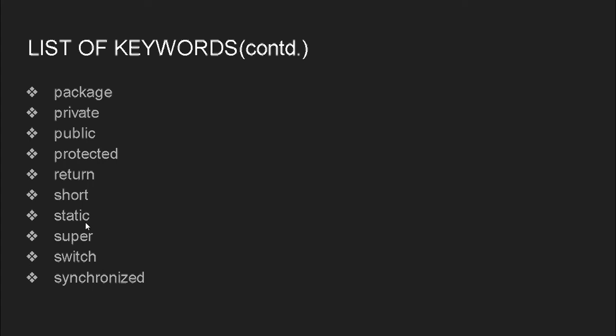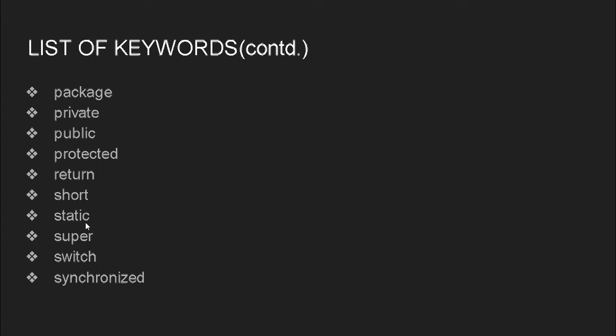Then super is used in inheritance when we want to call the parent constructor of the parent class, or we want to call a method or a variable of the parent class. That is why super is used. We will look into this in more detail when we study the chapter on inheritance.